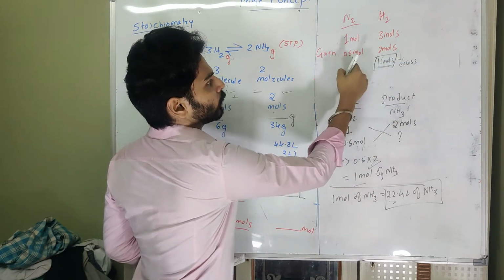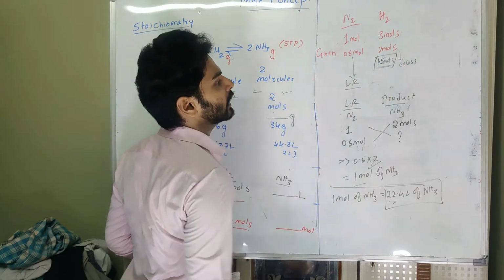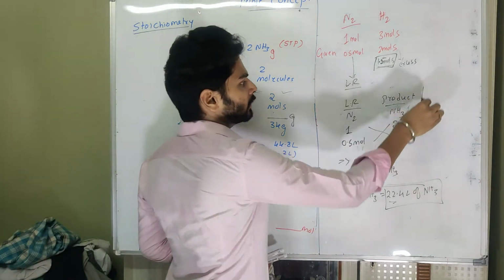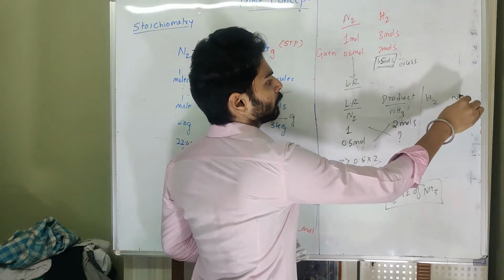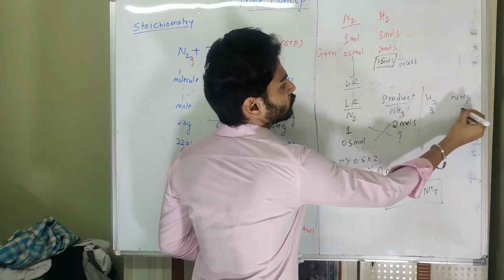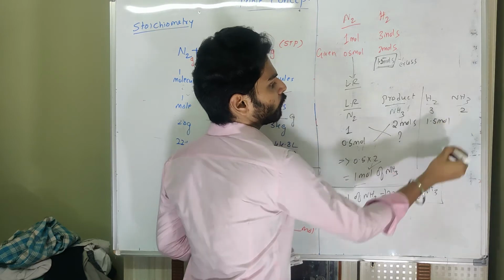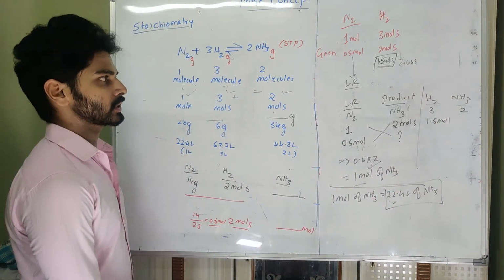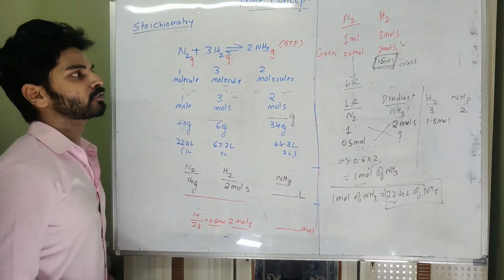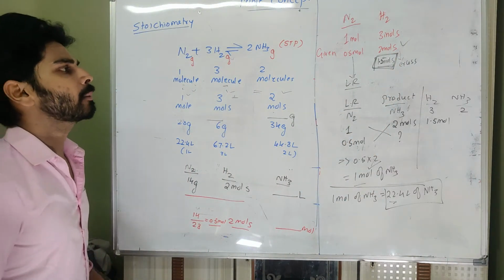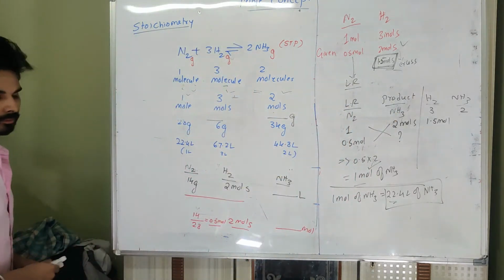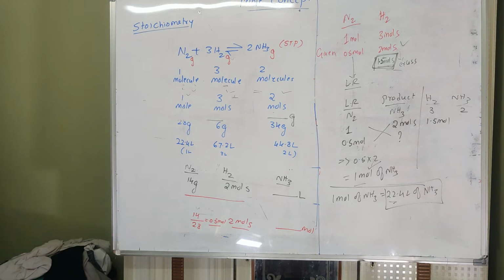In that case you take 3 moles giving 2 moles, and 1.5 moles gives how much? Not the 2 moles, because stoichiometry-wise only 1.5 moles is going to be used there. Forget about the excess one; you can only go with the limiting reagent.